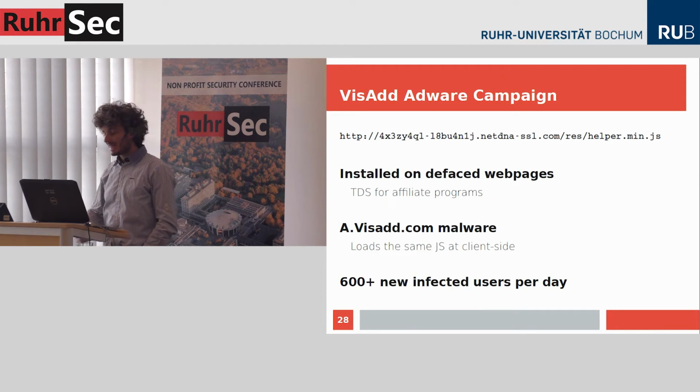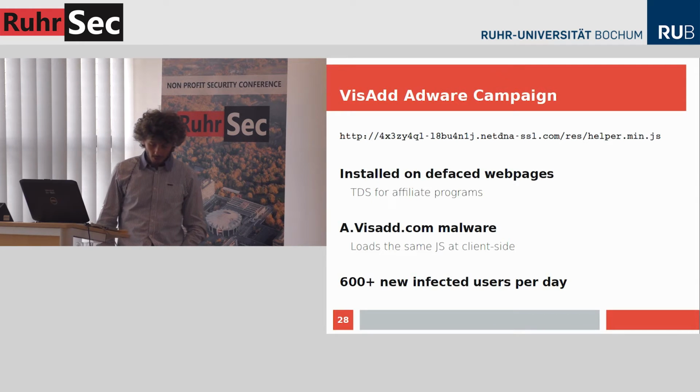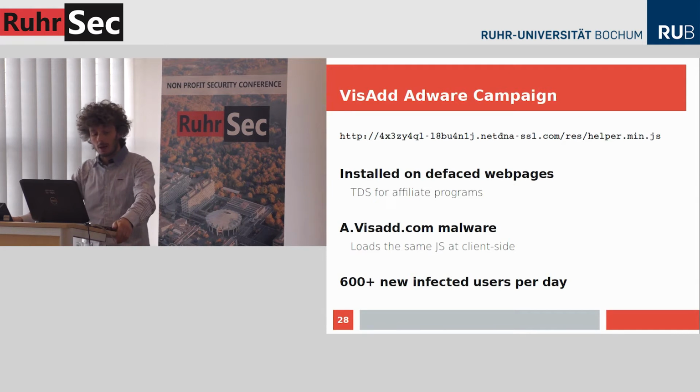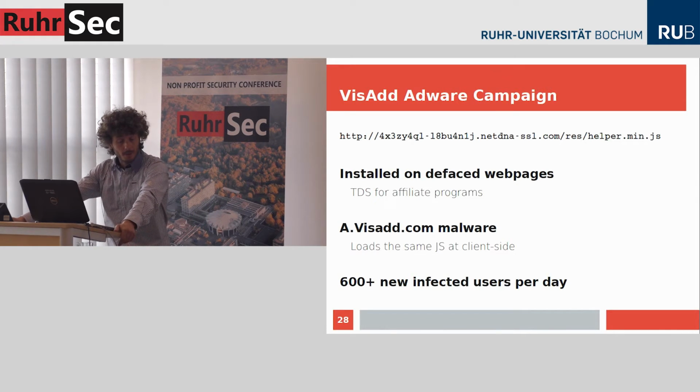But another way to make easy money for criminals is what's called affiliate programs. I guess you all know how an affiliate program works. So, for example, the case of this URL. This URL is related to a JavaScript that has been installed on a lot of the fake web pages that we collect from our web honeypot.